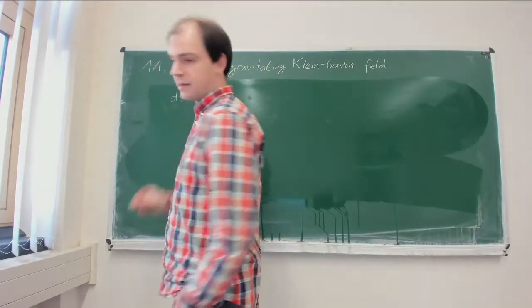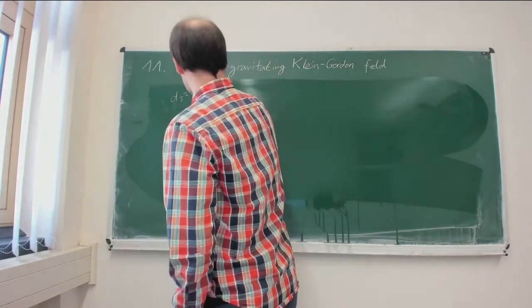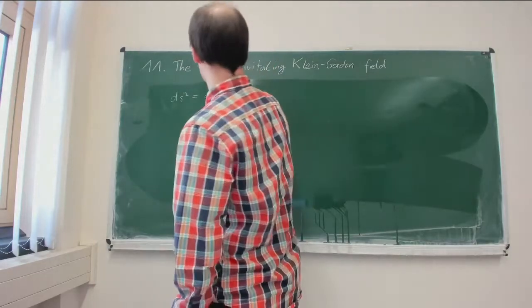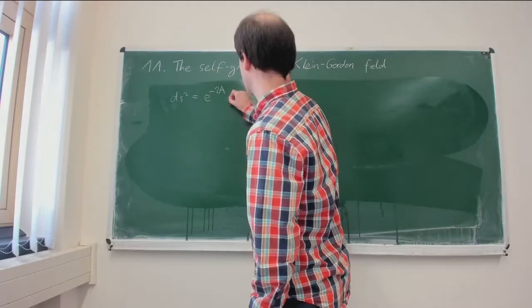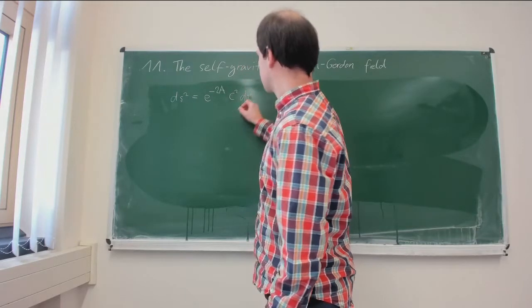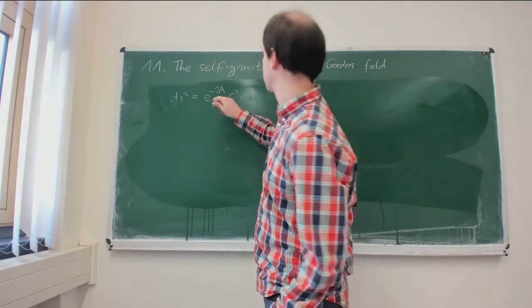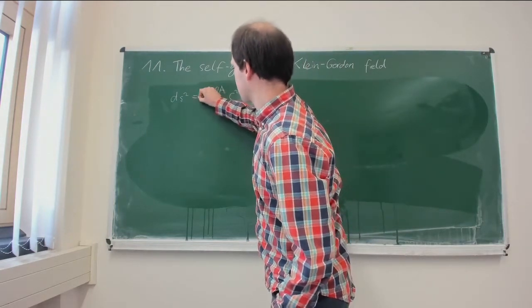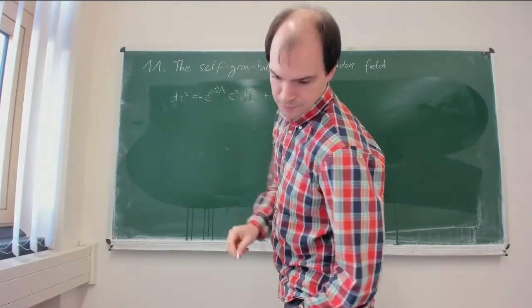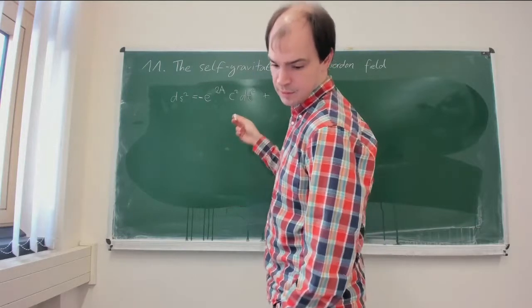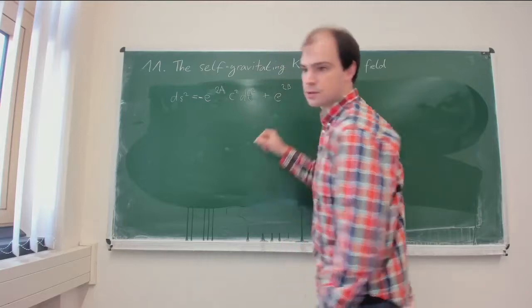So the ansatz we make for our metric tensor is that we have a time-time component that we write as e to the 2a, and an rr component that we write as e to the 2b.